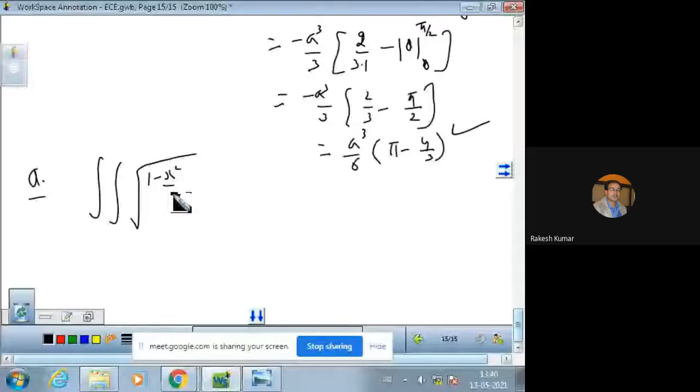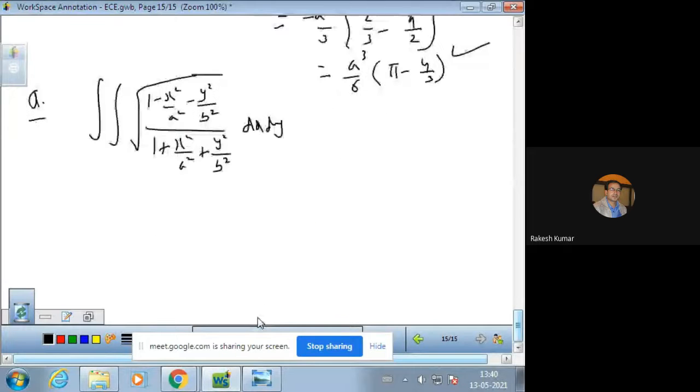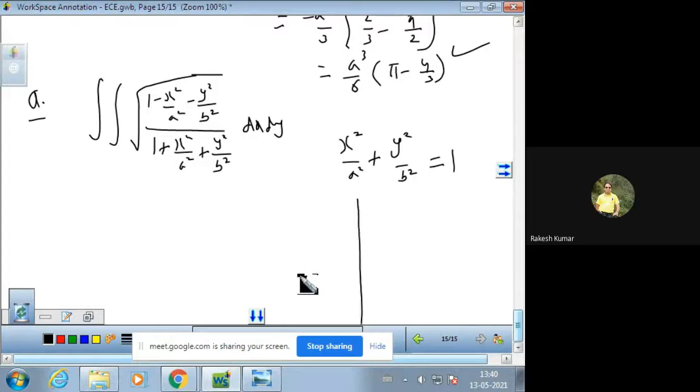1 minus x square over a square minus y square over b square upon 1 plus x square over a square plus y square over b square, dx dy over the positive quadrant of the ellipse. The ellipse is given to us: x square over a square plus y square over b square is equal to 1.